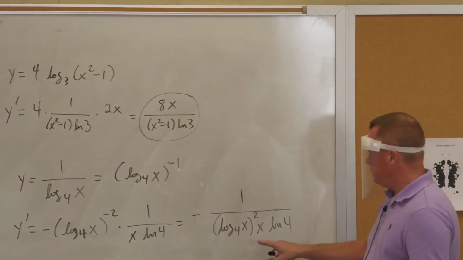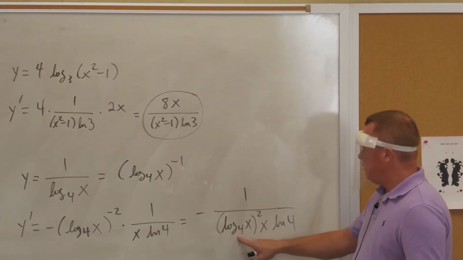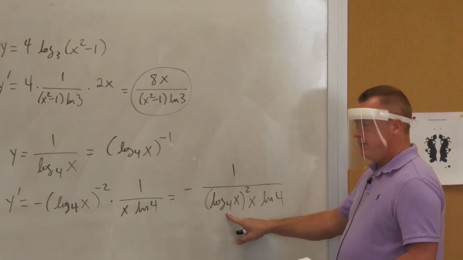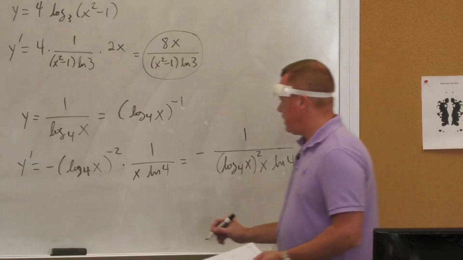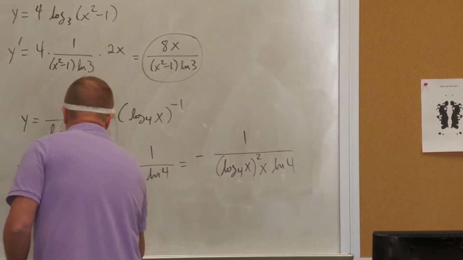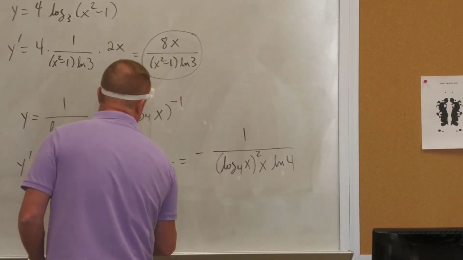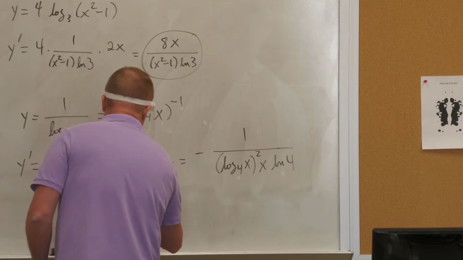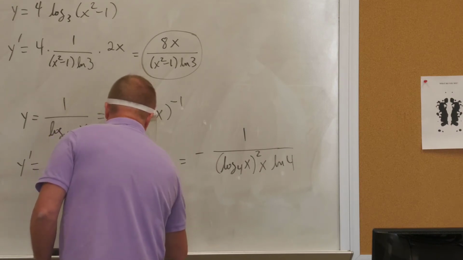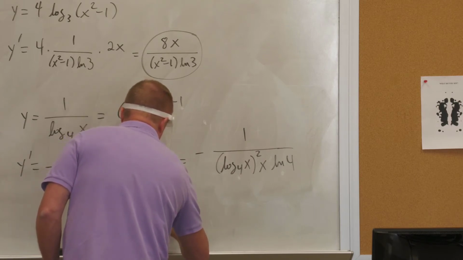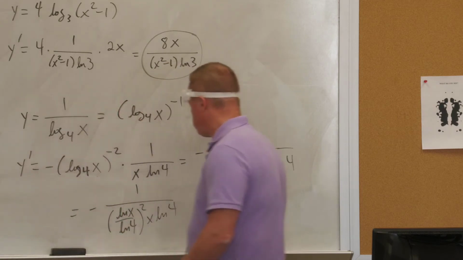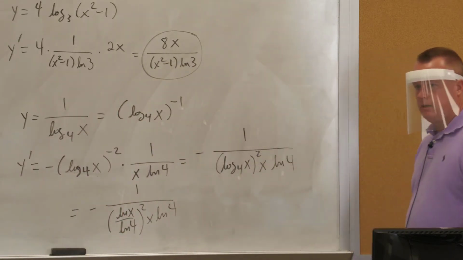So if you remember the log base 4 of x, if you write that in terms of natural logs, this is the same as ln of x over the ln of 4. Okay?